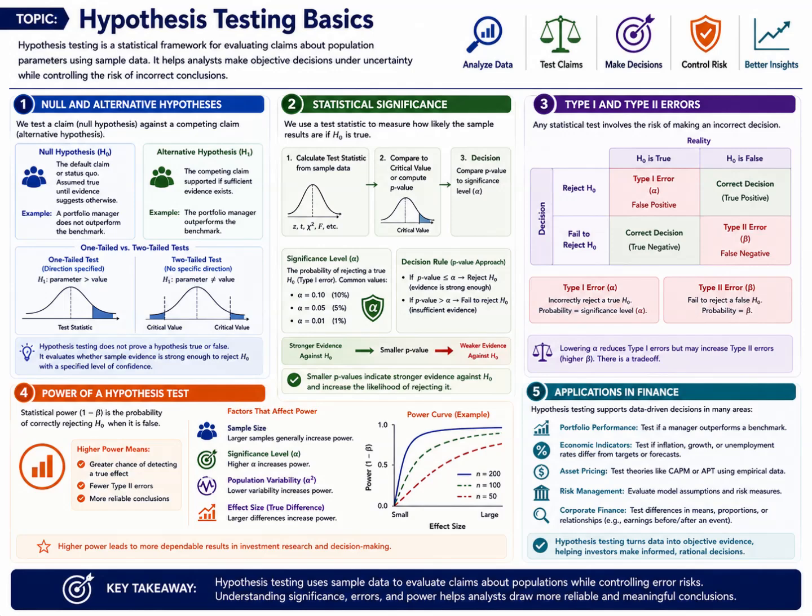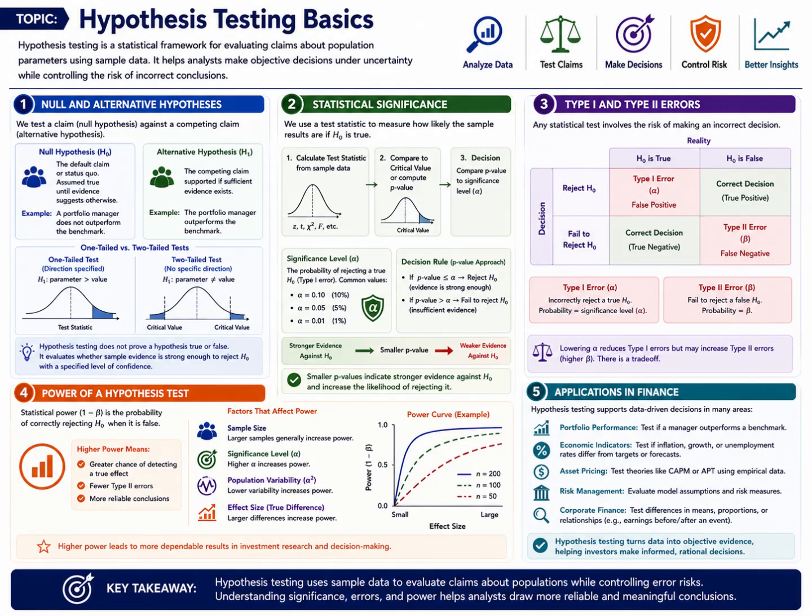Larger sample sizes generally improve statistical power because they reduce estimation uncertainty. In investment research, high-powered tests are desirable because they increase the reliability of conclusions about portfolio performance, asset pricing relationships, and economic trends.